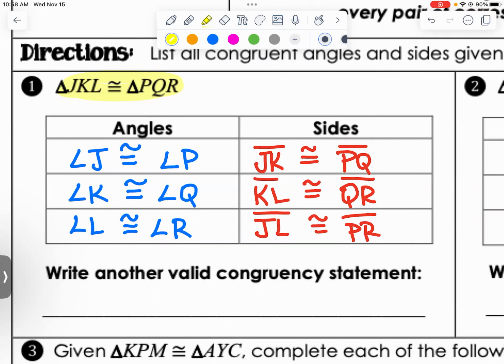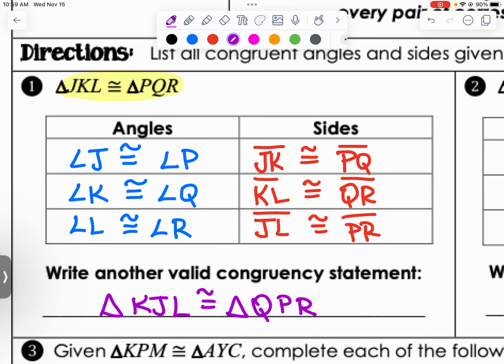However, if I wrote triangle KJL is congruent to triangle QPR, that would mean the same thing. Notice how my corresponding pieces are still in the same spots. I just have my letters in a different order, but it means the same thing.